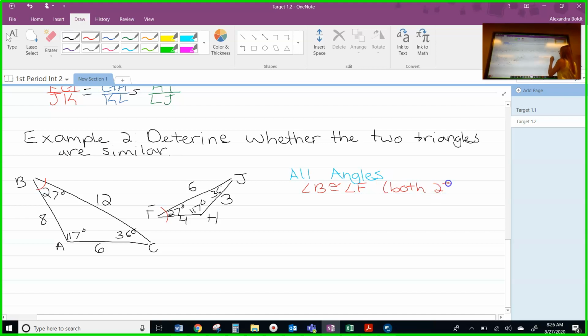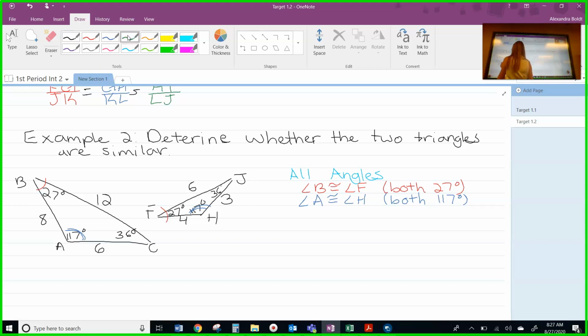Because they're both 27 degrees. Okay. Our next one is 117. That one's also 117. So angle A is congruent to angle H. And then our last angle here is 36 degrees.